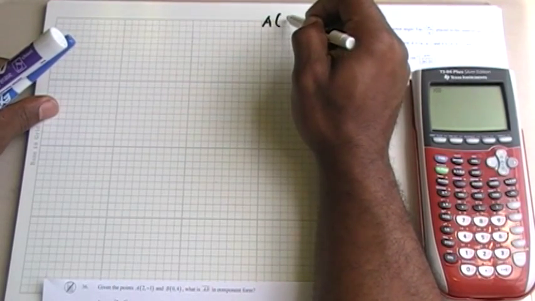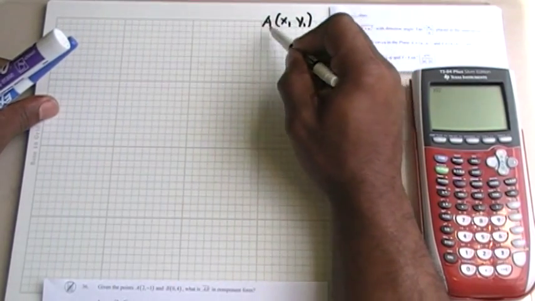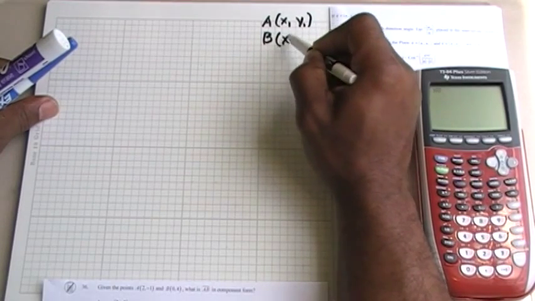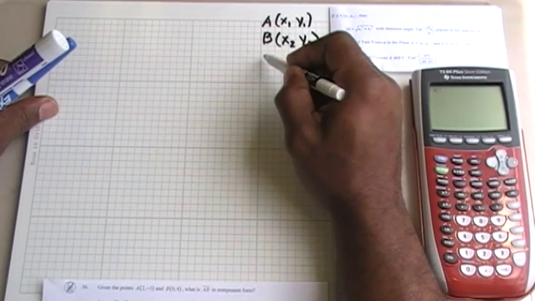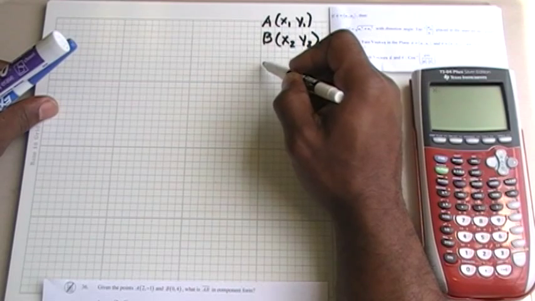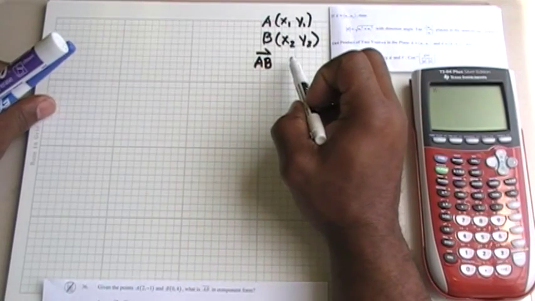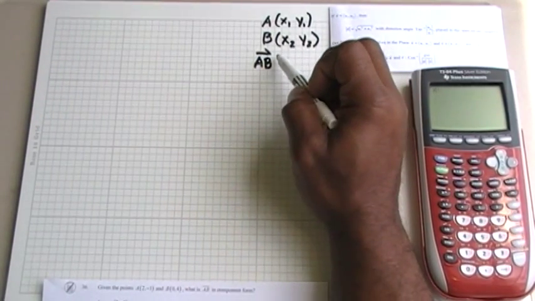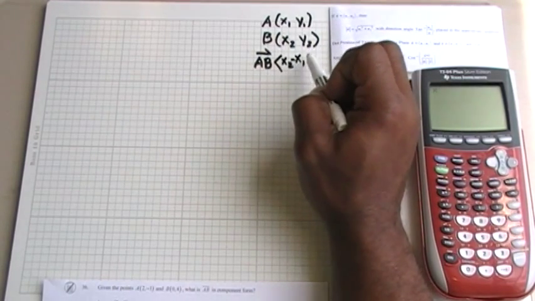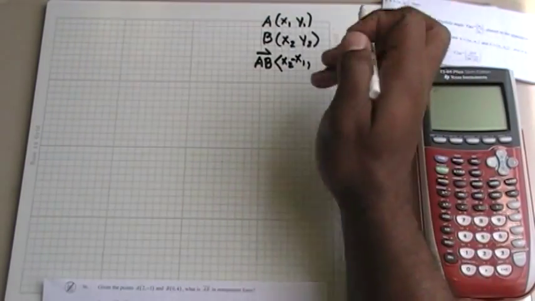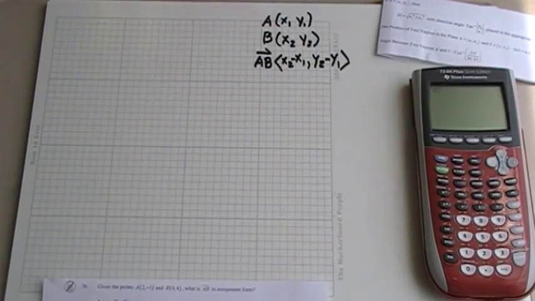So if we have a point A (x1, y1) and a point B (x2, y2), if we want to get the vector component form of the vector AB, then our answer will be x2 minus x1 and y2 minus y1.